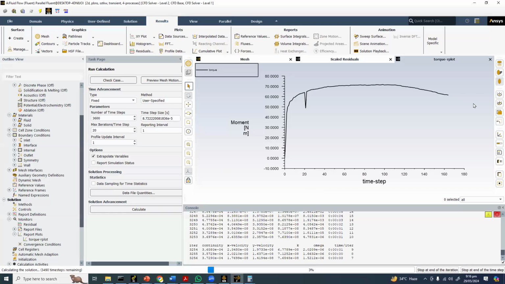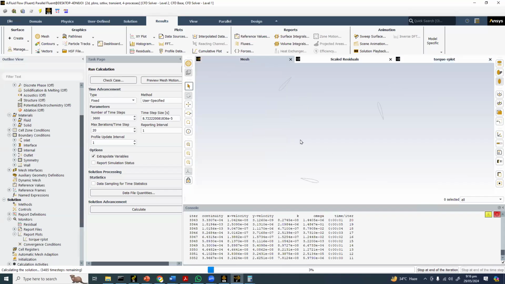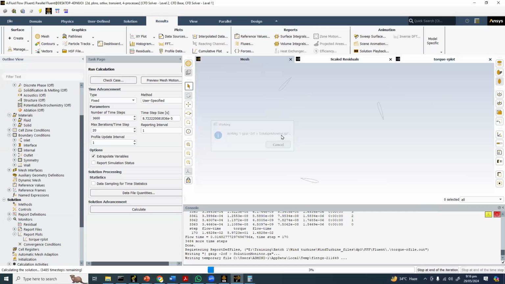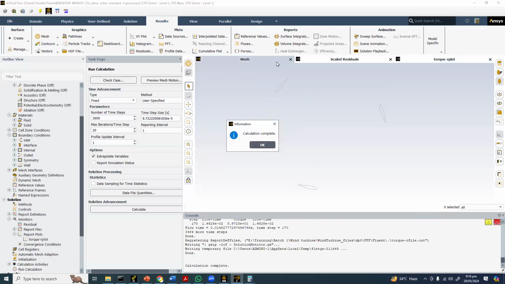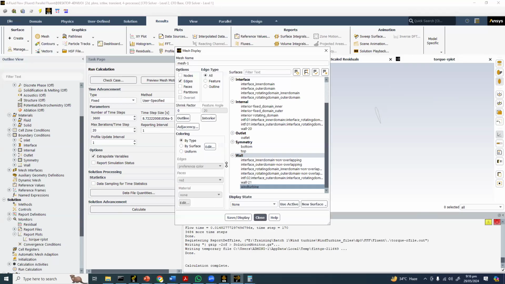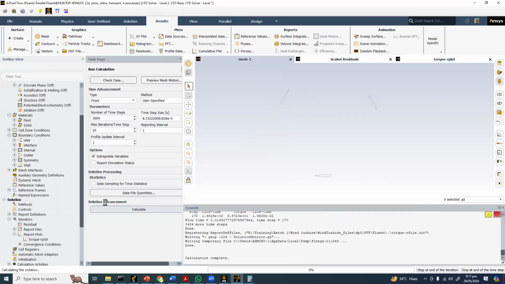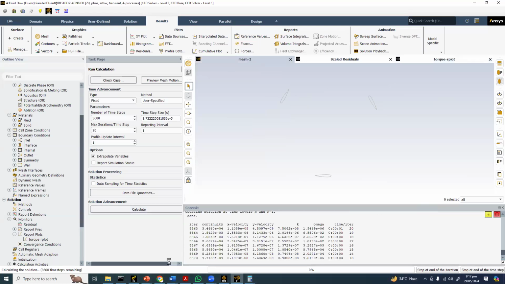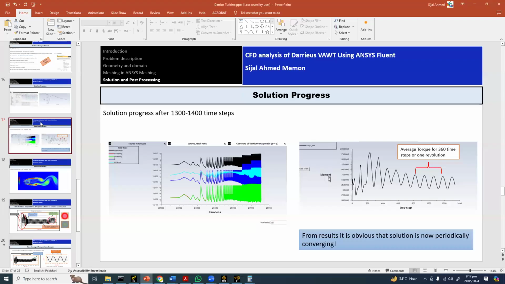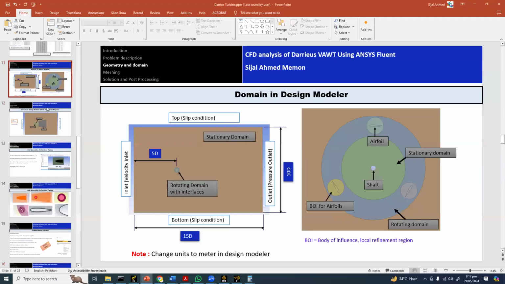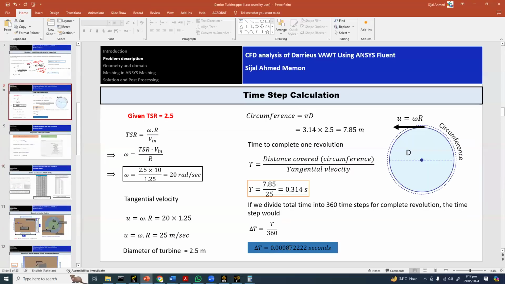You can see that the data is now progressing, and by this time we should have at least one half revolution completed. Continue.